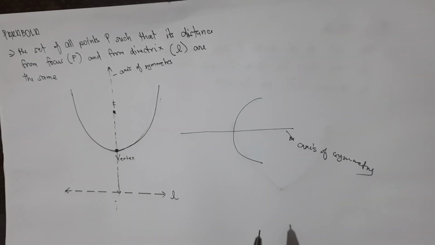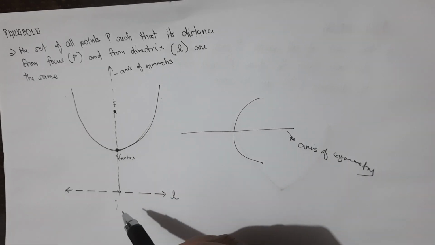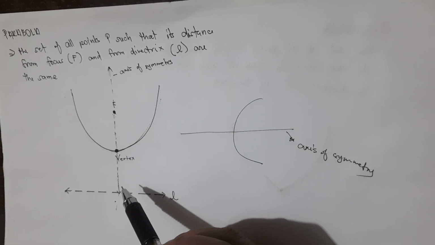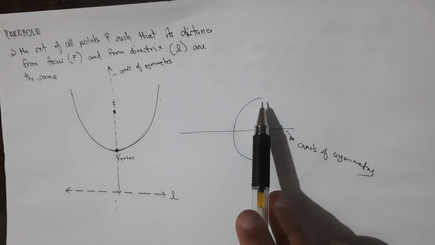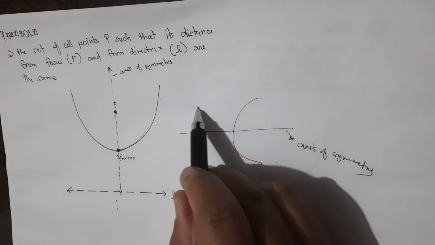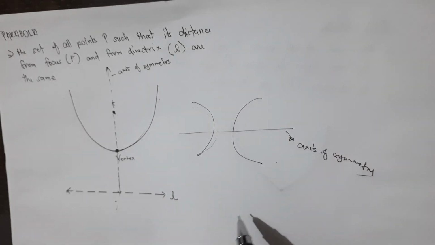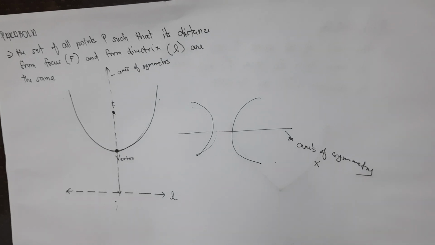Okay? So mapa-upward or downward open man ang parabola, y pa rin ang axis of symmetry. Pero kapag open to the right or open to the left, ang axis of symmetry natin ay ang x-axis.